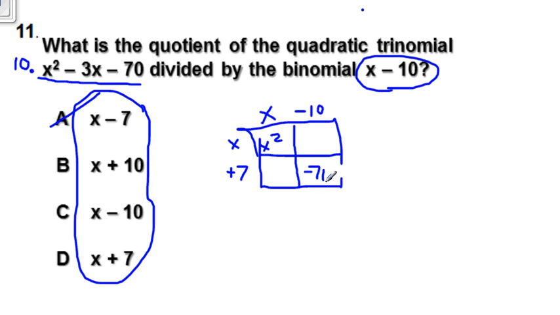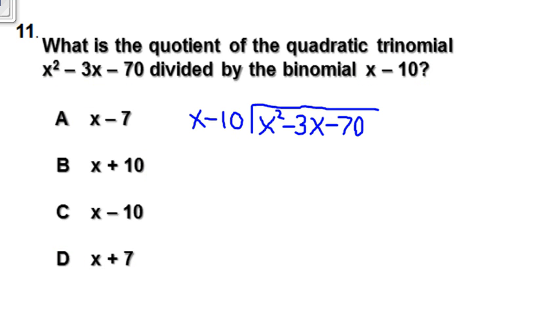So that looks better already. And then this would be negative 10x. And this would be plus 7x. And combining like terms between these two, we're going to have negative 3x. So this one checks out. So definitely our correct answer would be D.